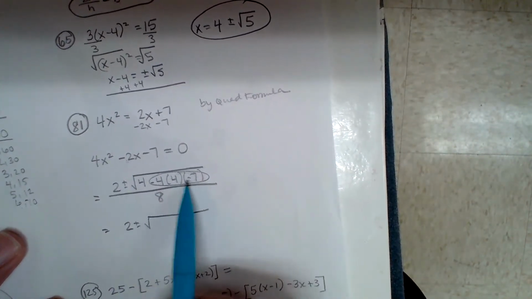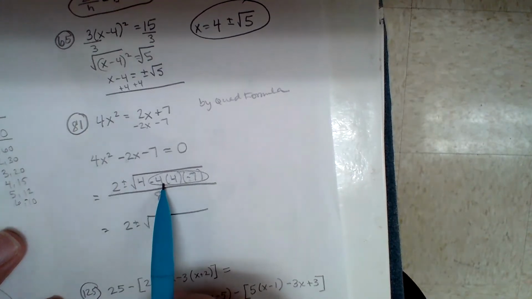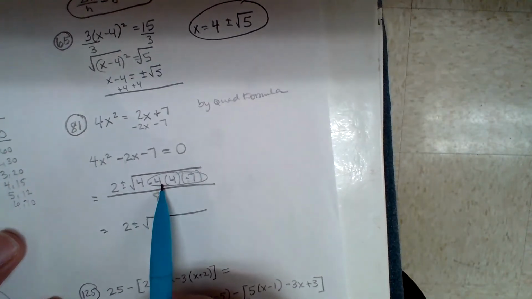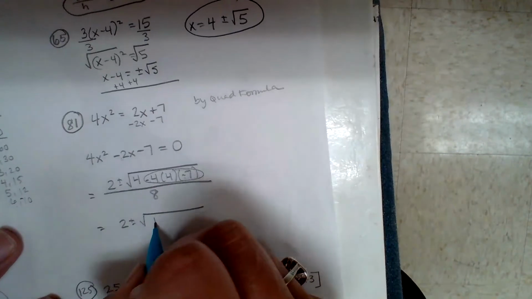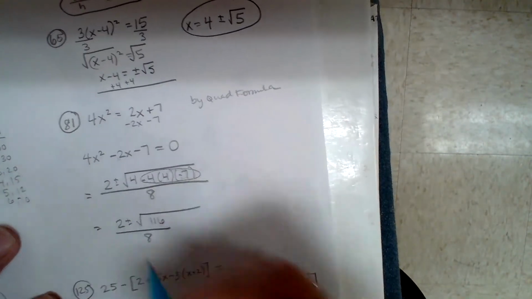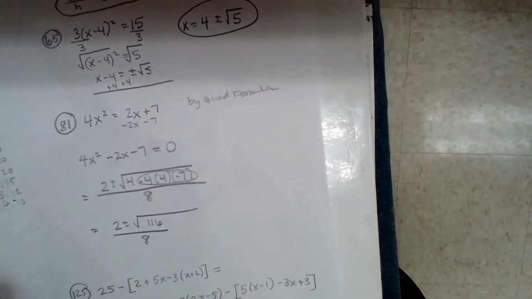This is 28 times 4, which will be 112, I believe. 4 plus 112 is 116 over 8.